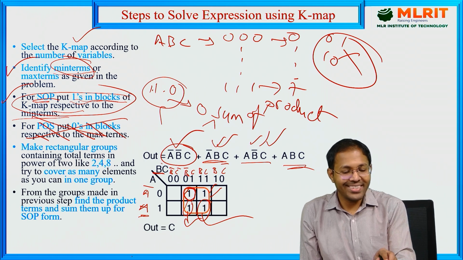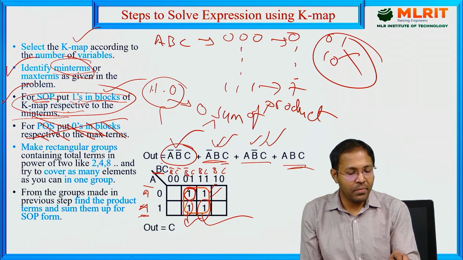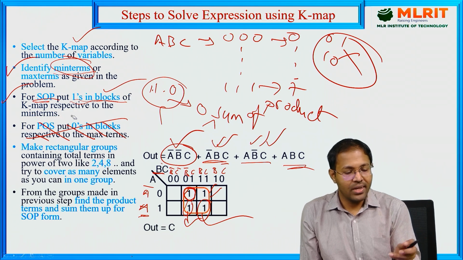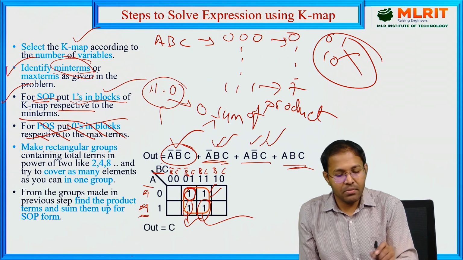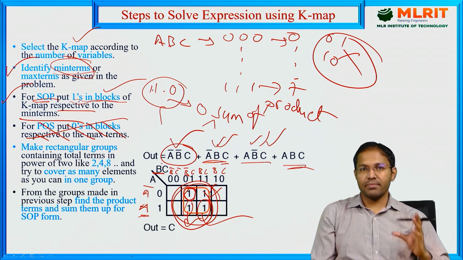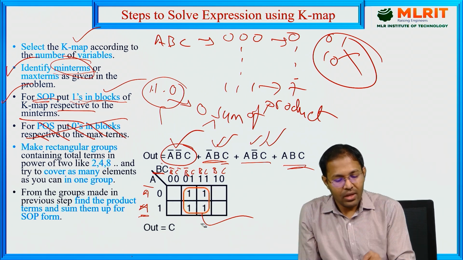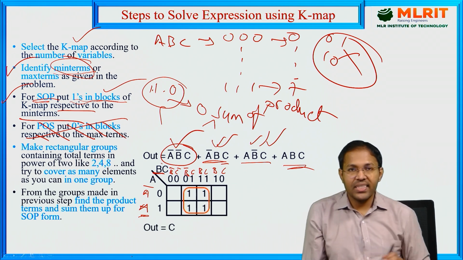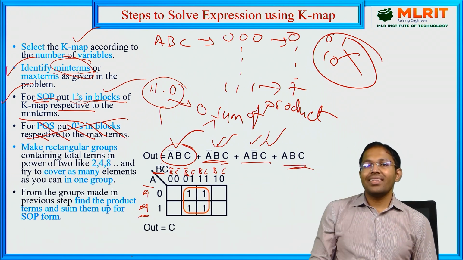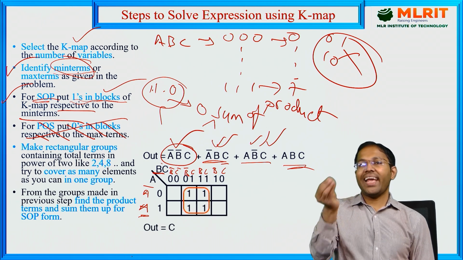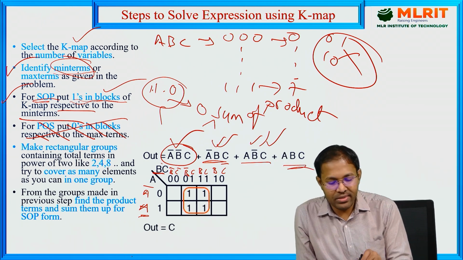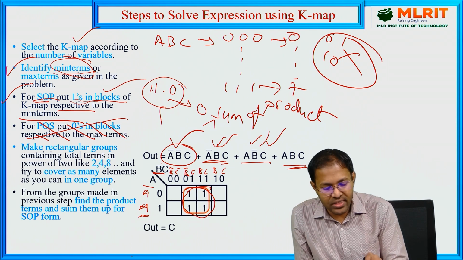So that is the reason we have a one here. Put ones in blocks of the K map respective to the min terms. By looking at the min terms we are writing these 4 ones here. After writing these 4 ones, we have earlier discussed that this works by taking what is in common. So now we will see what is common in all of these 4 ones.